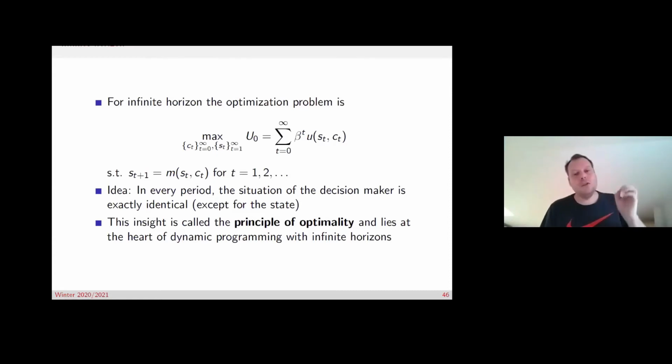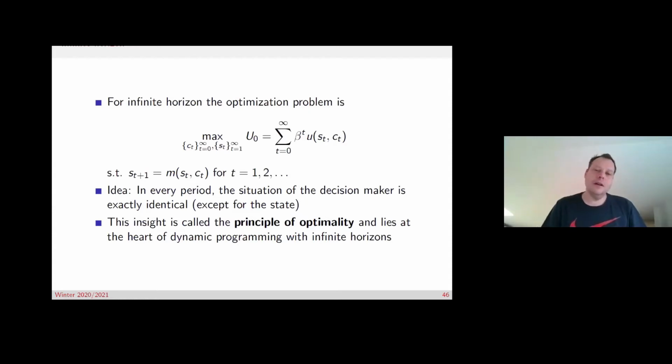But if you took this into account, then this should not affect any of your choices. So basically, in more economic reasoning, one would say that the problem is time consistent. Okay, so it does not change through time.